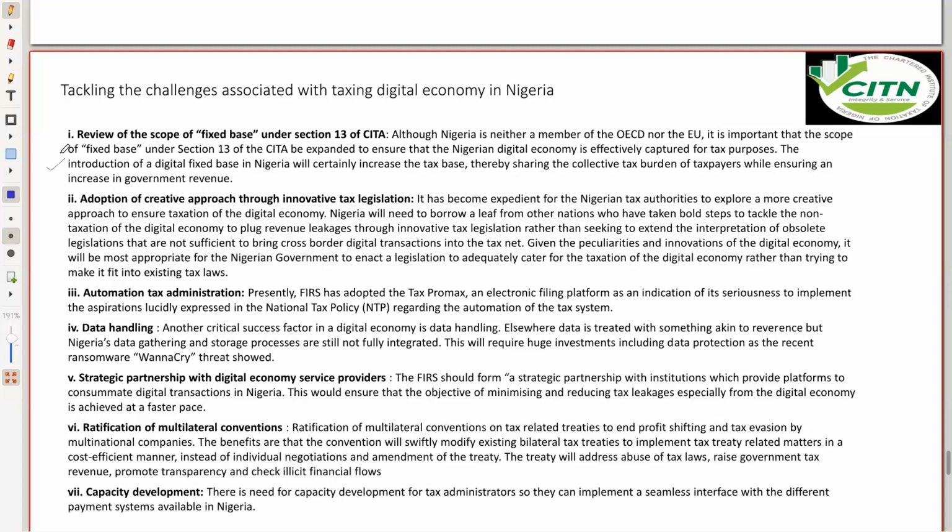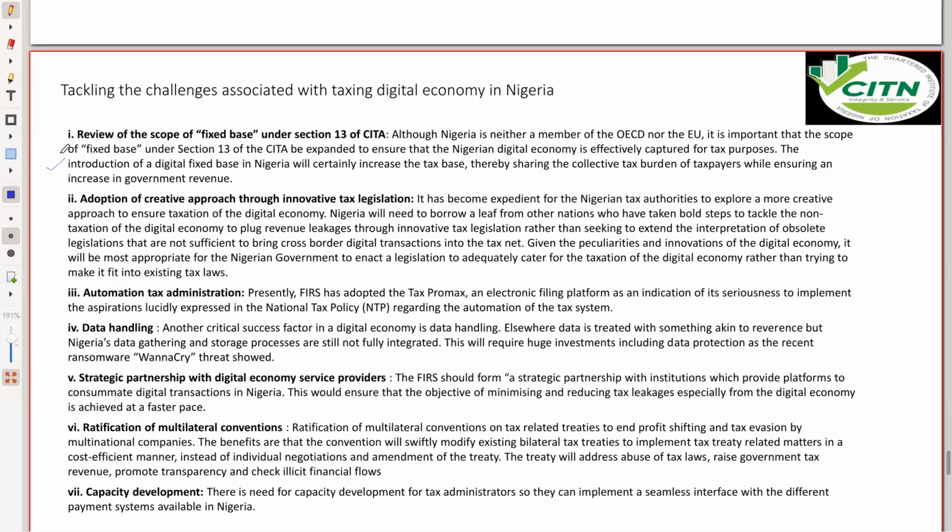So even though Nigeria is not a member of this group, they tend to apply the principles in that body of work by expanding the definition of a tax base as contained in the Companies Income Tax Act. We're going to look at some of those adjustments in the course of our discussion, really.